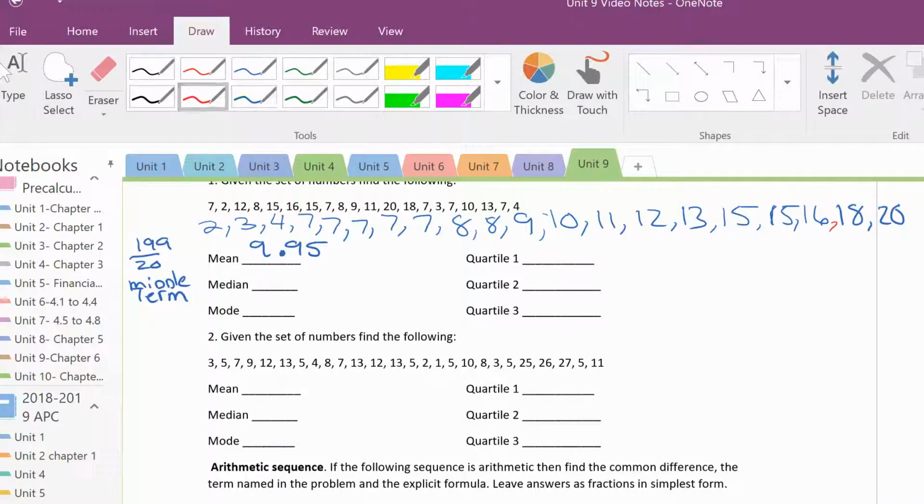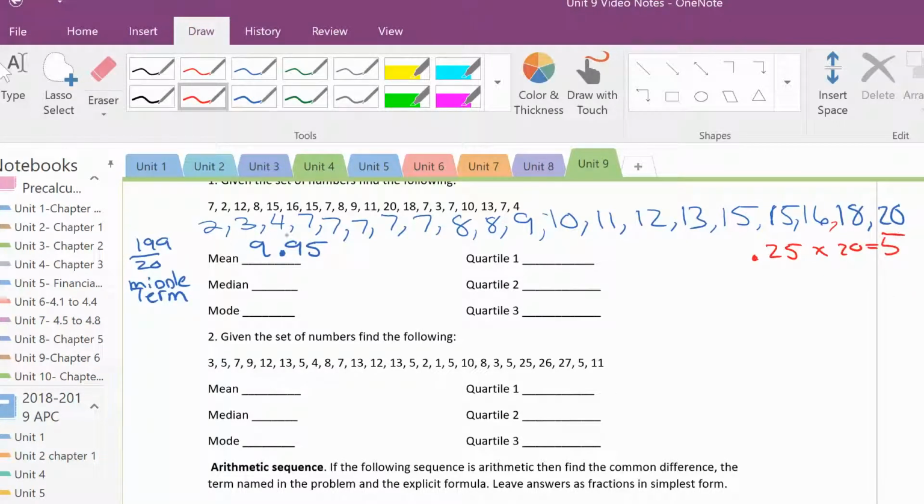Since there's an even number of terms, there's 20, the middle term will be the average of the two in the middle. If we're talking about quartiles, 0.25 times 20 is, sorry, 5, not 4.